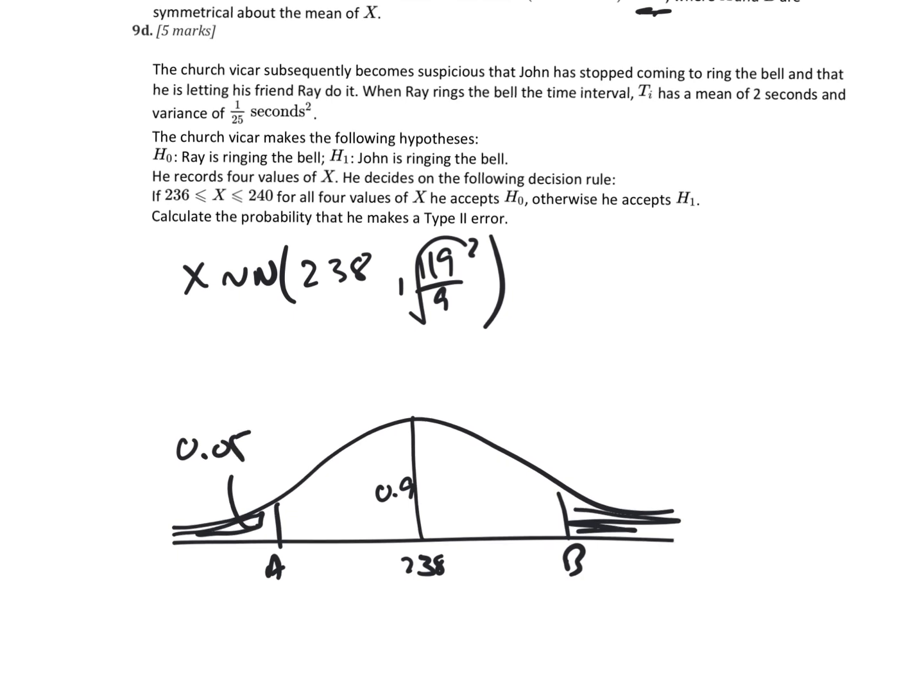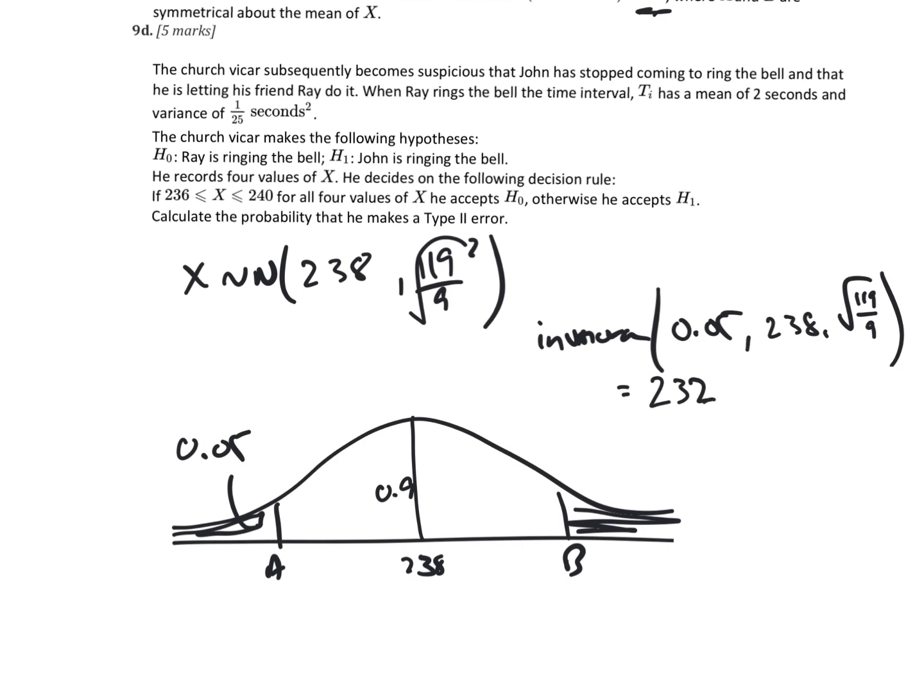And so what I'm going to do in my calculator is go to inverse norm. The area I'm going to put in is 0.05 because it looks from the left-hand side. And then I'm going to enter a mean of 238, and the standard deviation is the square root of 119 over 9. And when I do that, I get 232 and change, but this value, 232, is the one I want.